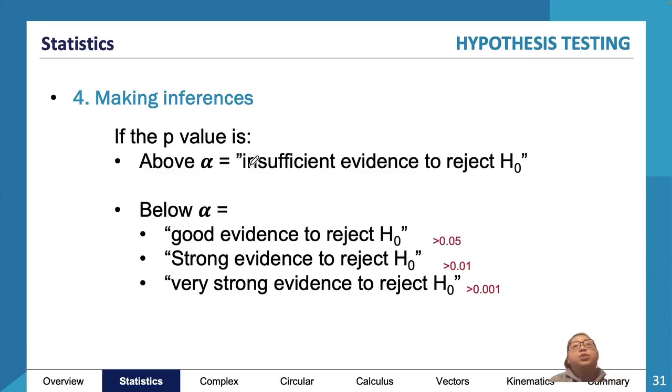If it's less than 0.05, then it's going to be good. If it's less than 0.01, it's going to be strong. And if it's even smaller, it's going to be very strong. So those are the cutoffs. I haven't really seen that used too much in exams, but it might be used in your SACs, so just keep that in mind.